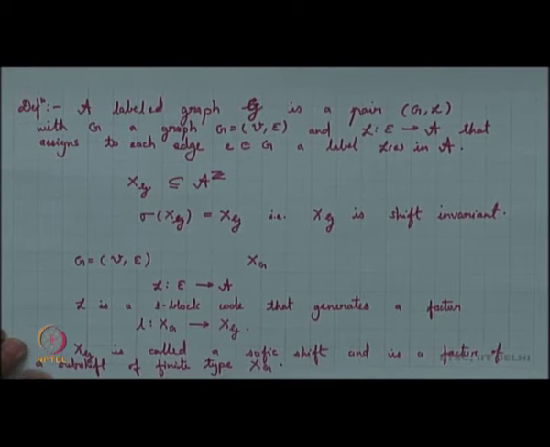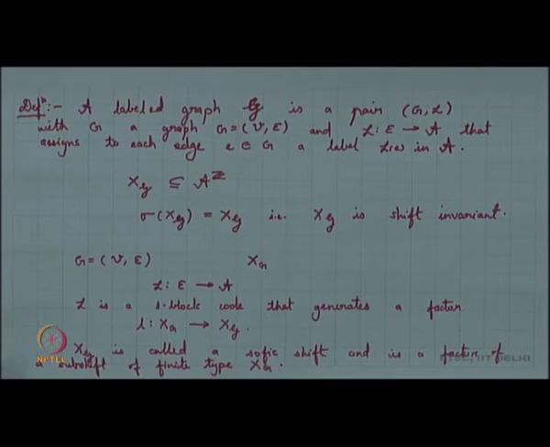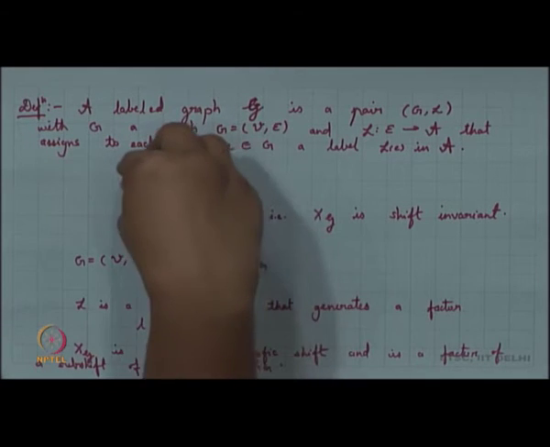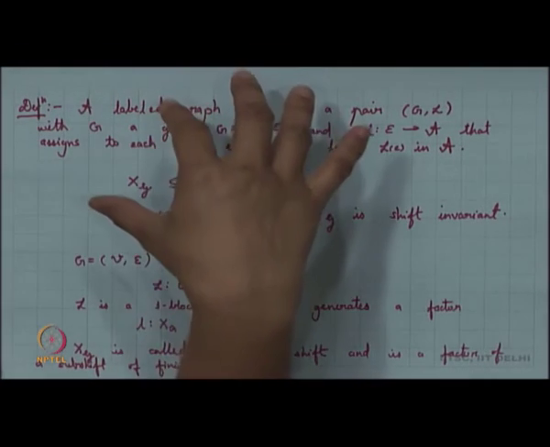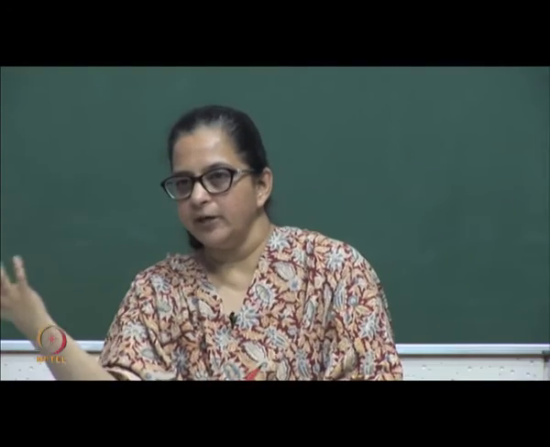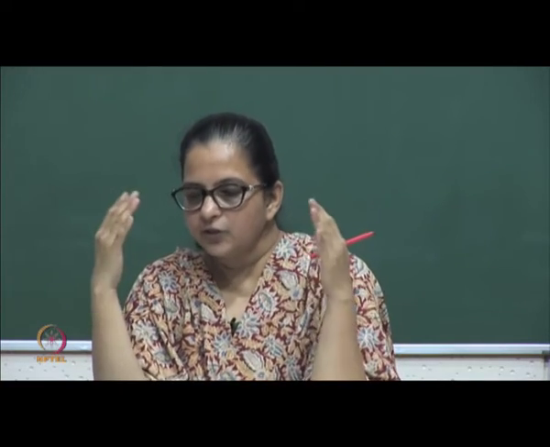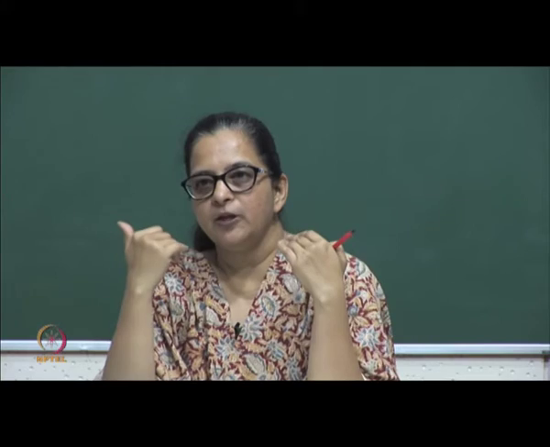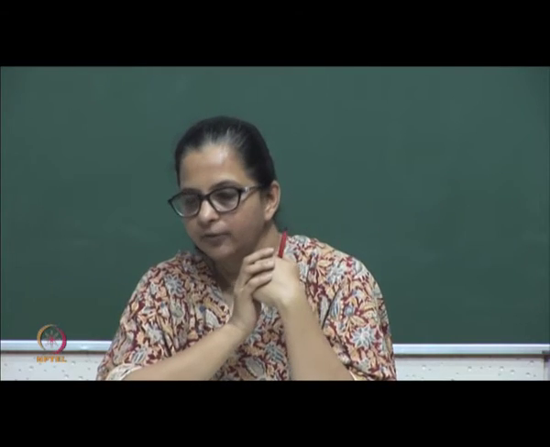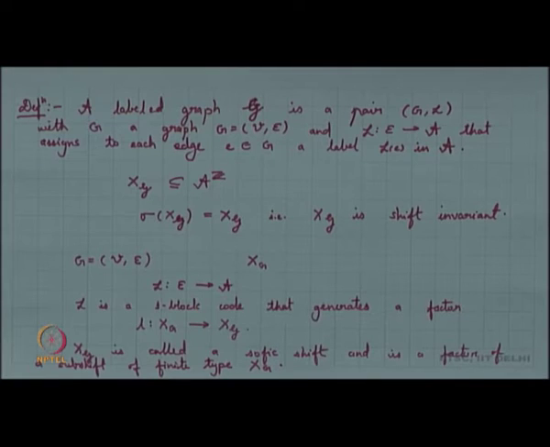So, what is the subshift of finite type? This is XG. What we have here is a Sophic shift generated by using a labeled graph. A labeled graph is just a graph with a labeling. So, your graph coupled with a labeling generates another shift space which we call a Sophic shift, and it is very easy to see that this is shift invariant.